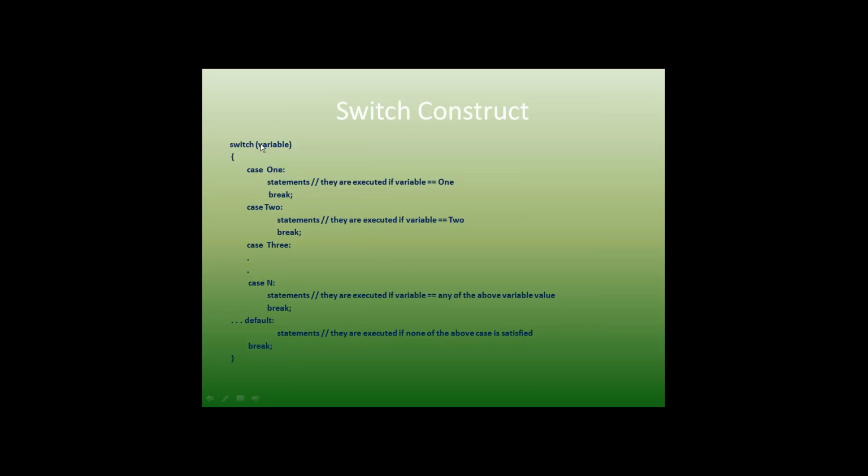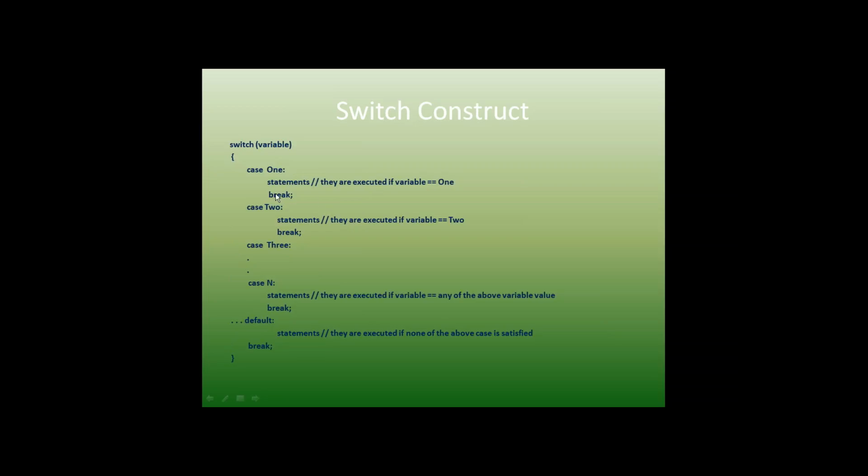So one switch has a variable here, and we are going to check the value of that variable over here in the case. So if case is equal to 1, that means if the variable value is 1, then go and execute these statements. And it can be one or multiple statements. It can have as many statements as we want to execute.